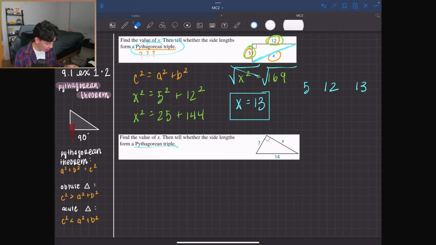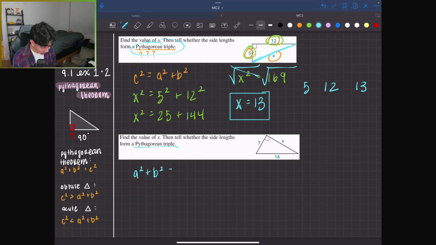So a squared plus b squared equals c squared. Let's substitute these values. Our a value will be 7. Notice here, for our b value, we don't have a number. It's just going to be x squared, and that's what we're going to find out. And then our hypotenuse is 14, so it equals 14 squared.